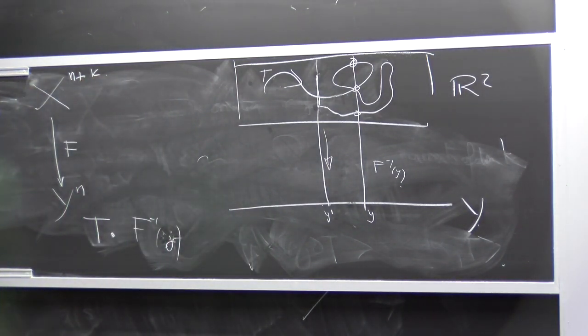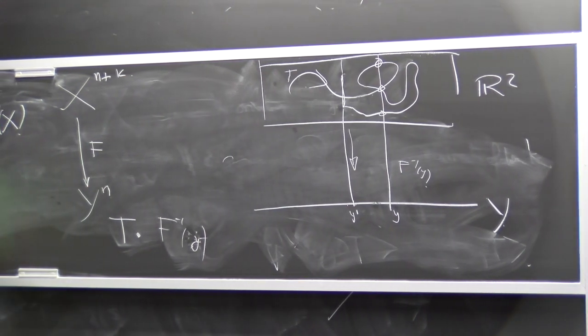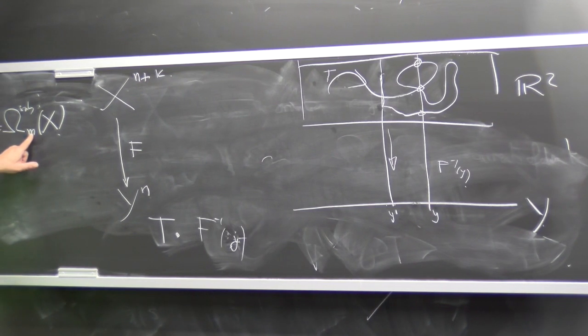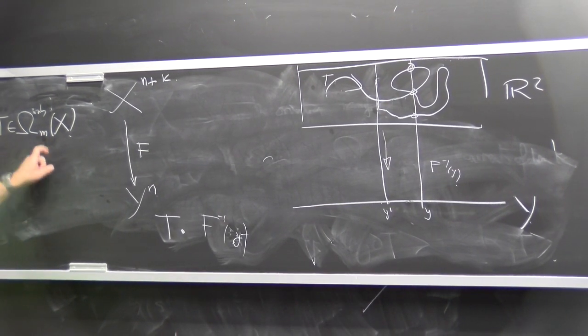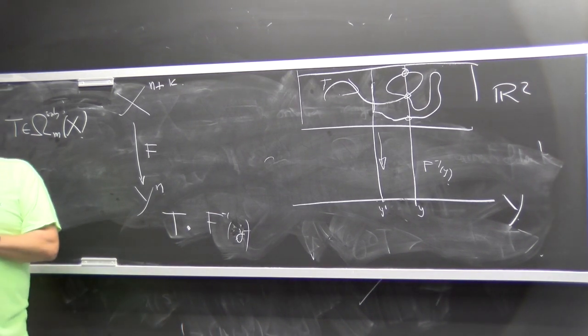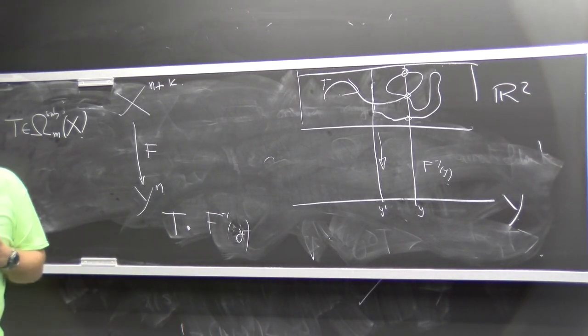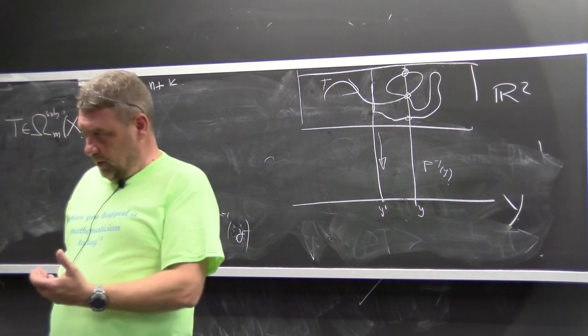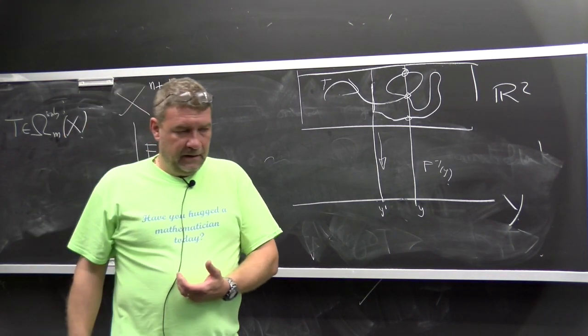Just curve and curve on R2, I expect to be one-dimensional. Here, the support of T is m-dimensional. This is dimension n. So I expect the intersection to be something of dimension m minus n. Typically that's what is going to happen.